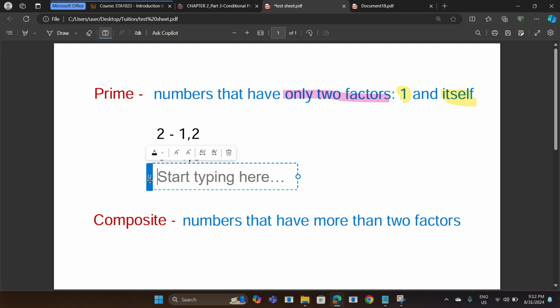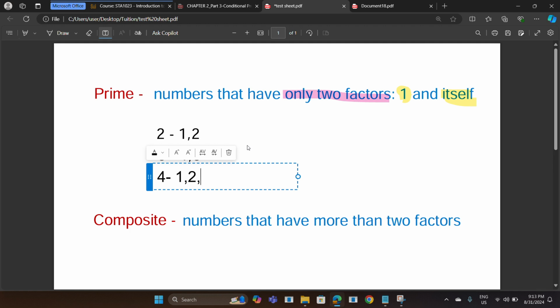Okay, let's check 4, whether it is prime or composite. Number 4 has 1 as a factor. Keep in mind, every number can be divided by 1. Because of that, 1 is a factor of all numbers. So, we can divide 4 by 1. And also, we can divide 4 by 2. You know that. What is the last factor of 4?